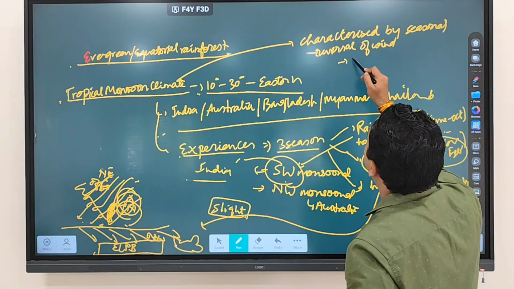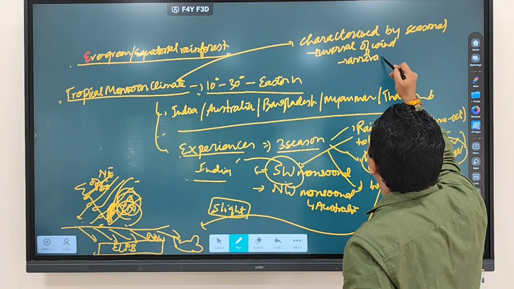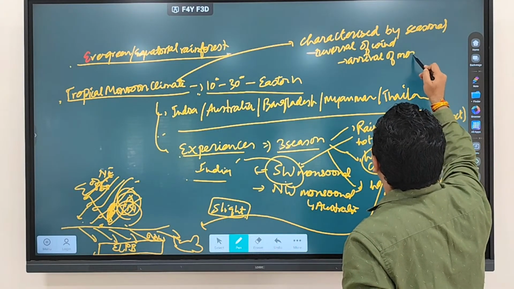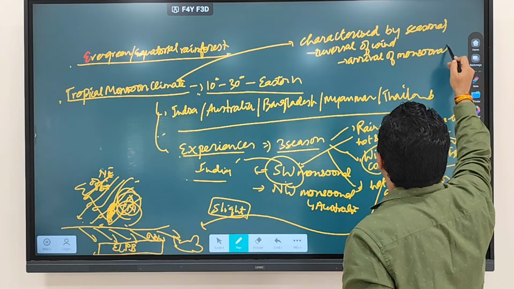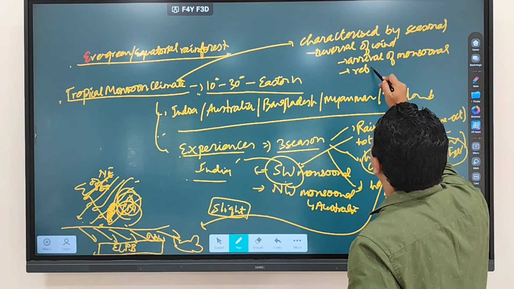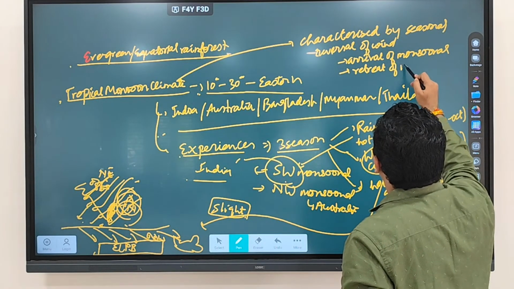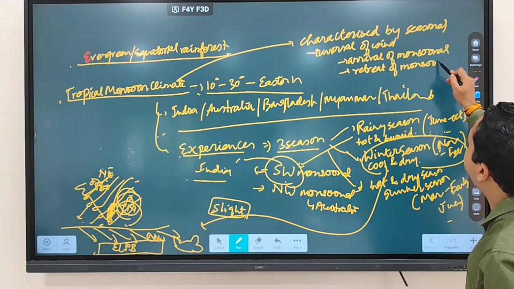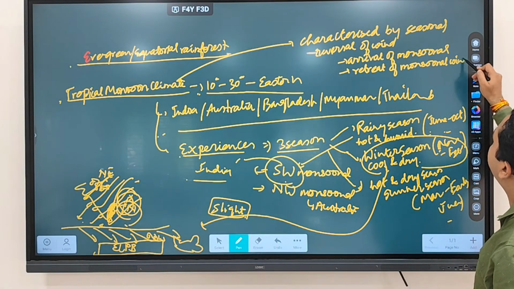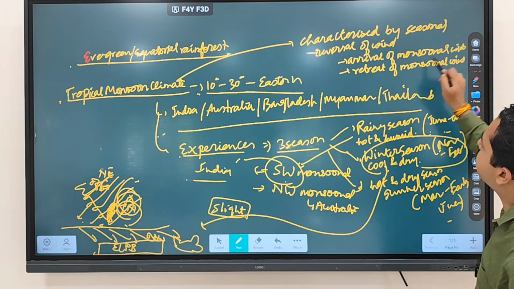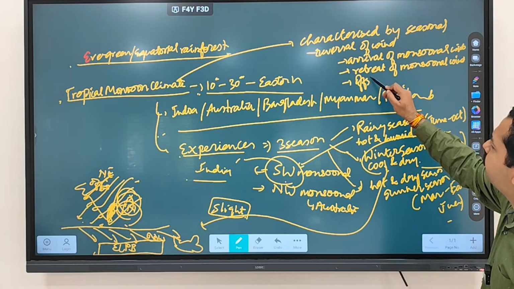That is, arrival of monsoonal wind, retreat of monsoonal wind, and then you'll see the blowing of offshore wind.